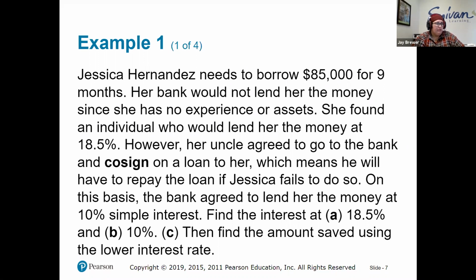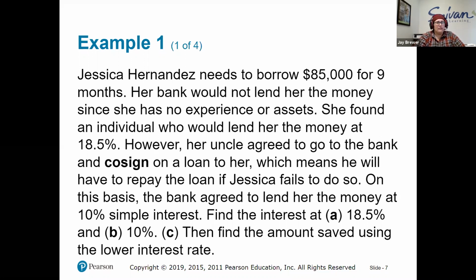She found an individual who would lend her the money at 18.5%, however, her uncle agreed to go to the bank and co-sign on a loan for her, which means he will have to repay the loan if Jessica fails to do so. On this basis, the bank agreed to lend her the money at 10% simple interest. Find the interest at 18.5% and at 10%, and then the amount saved using the lower interest rate.